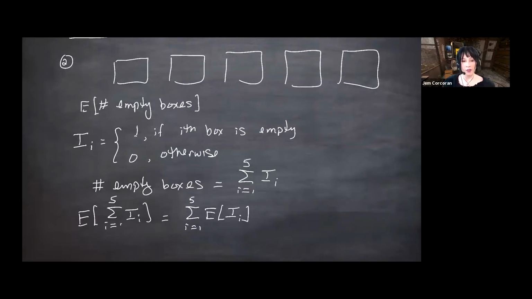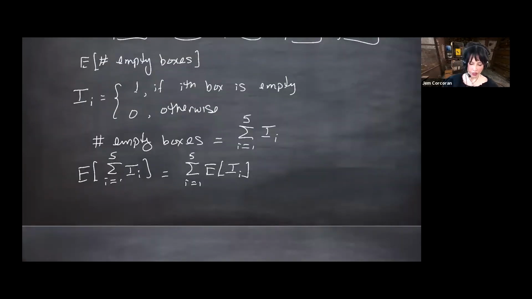And then if you haven't seen the expectation of an indicator before, that's really what I wanted to talk about for a moment. An indicator is a very simple discrete random variable. It takes on the value 1 or 0, and it takes on the value 1 whenever the box is empty.